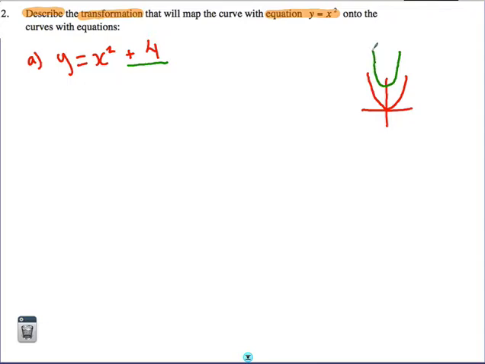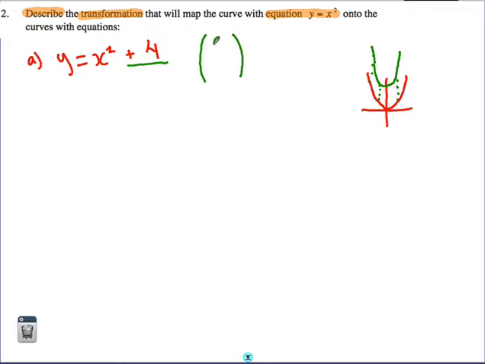It's exactly the same curve, 4 spaces up, so every point has been moved 4 spaces. So 4 spaces here, 4 spaces here as well. So the transformation would be a vector which has been moved 4 spaces up.